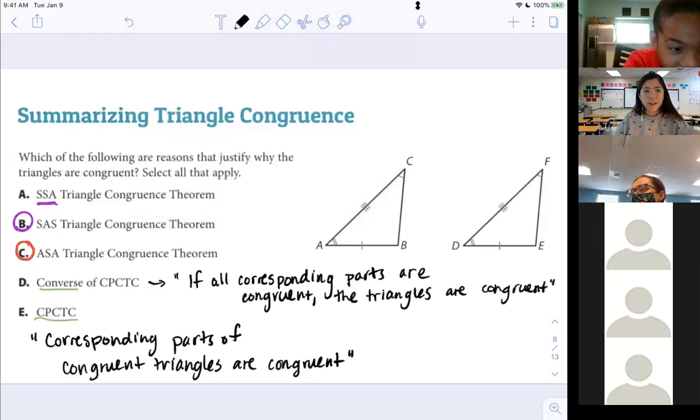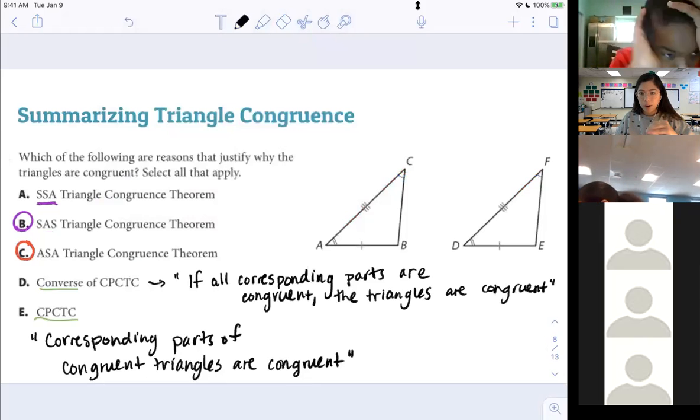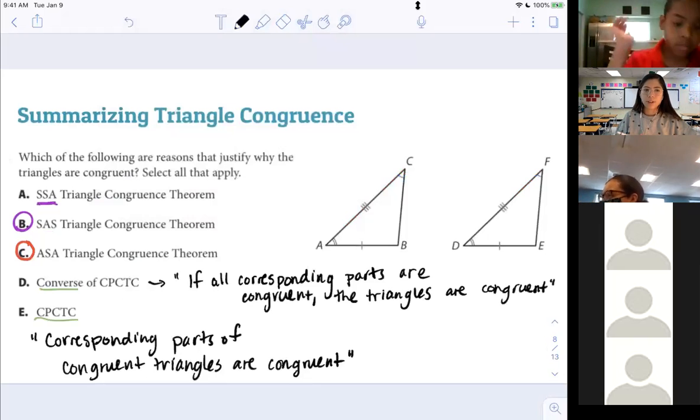So one is saying if the triangles are congruent, the parts are congruent. The other one's saying if the parts are congruent, the triangles are congruent. They're saying the same thing, but in one direction and then in the opposite direction.